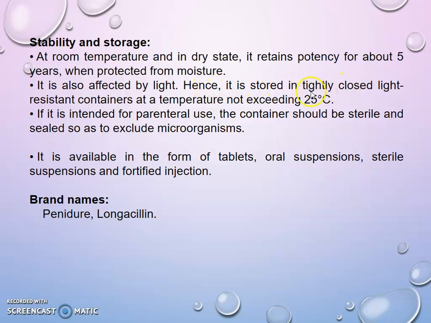Hence, it is stored in a tightly closed light-resistant container at a temperature not exceeding 25 degrees Celsius. If it is intended for parenteral use, the container should be sterile and sealed so as to exclude microorganisms. It is available in the form of tablet, oral suspension, sterile suspension and fortified injection. Brand names: Penidure and Longacillin.